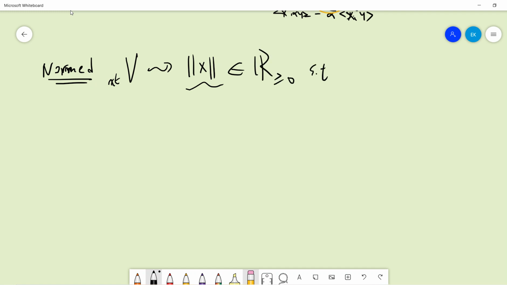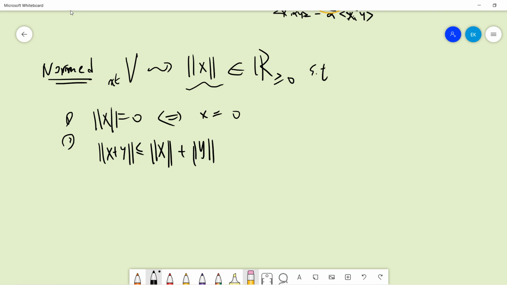Such that if x is 0, then the norm must be 0, and you also need to have the triangular inequality. And the third is that if you scale x by some coefficient and take the norm, you get the absolute value of the coefficient times the norm. So now the coefficient must be a complex or real number. So this is a standard norm, like the length of the vector. Yeah, so this is the definition.